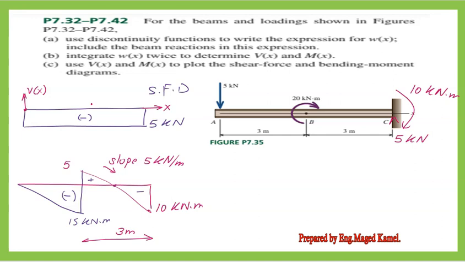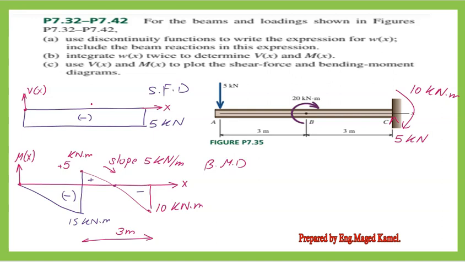When we come to the bending moment diagram, the positive value is acting upward, and this is the datum line, with x value in meters. We have M at x equal to 0 equal to 0, and at x equal to 3, we have minus 15, and a step coming up by 20 to plus 5 kilonewton meter.